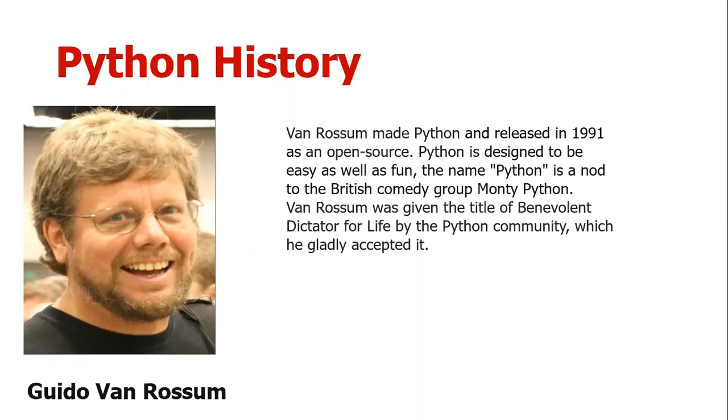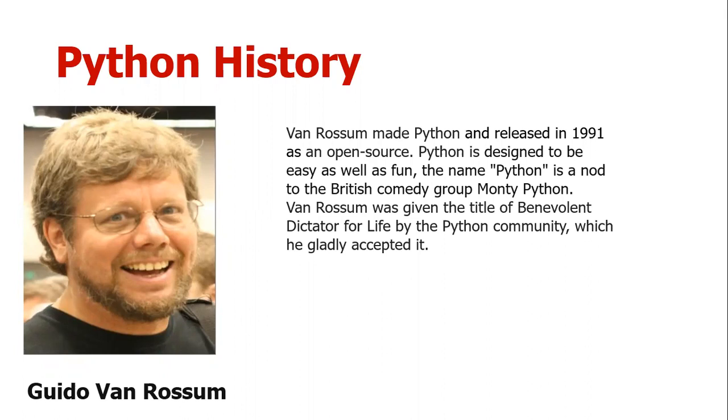Python is designed to be very easy as well as fun to learn. And you might be wondering why the name Python has been kept for this programming language. The reason behind this is that Guido Van Rossum is very much interested in a British comedy group called Monty Python.